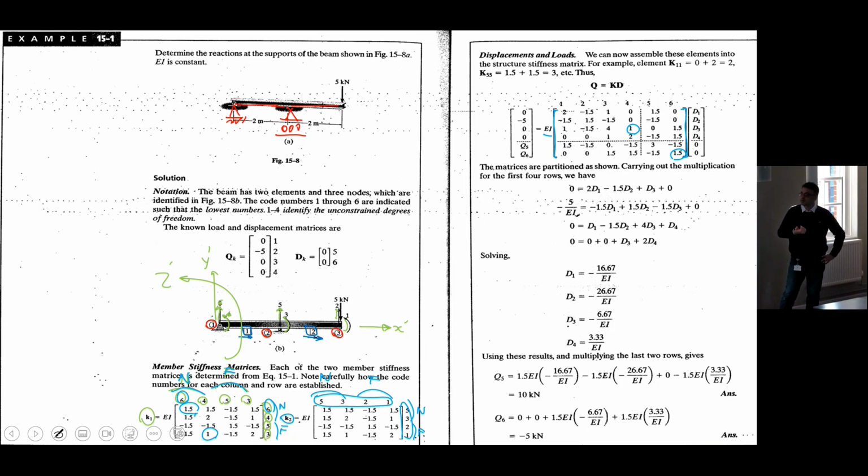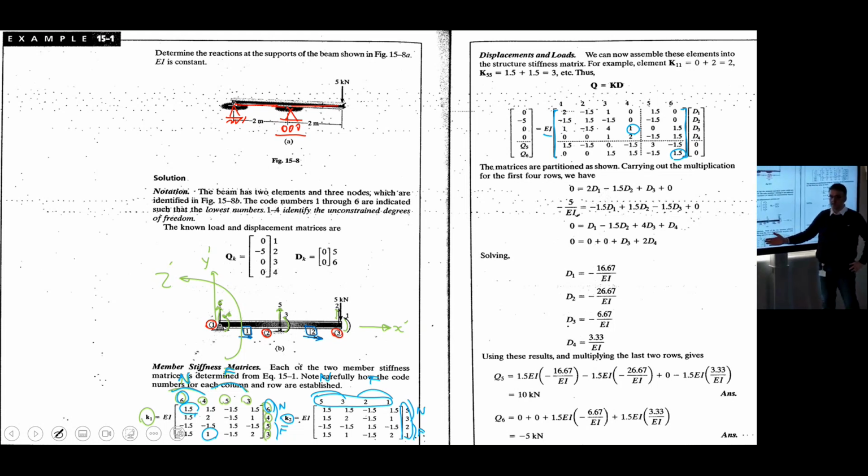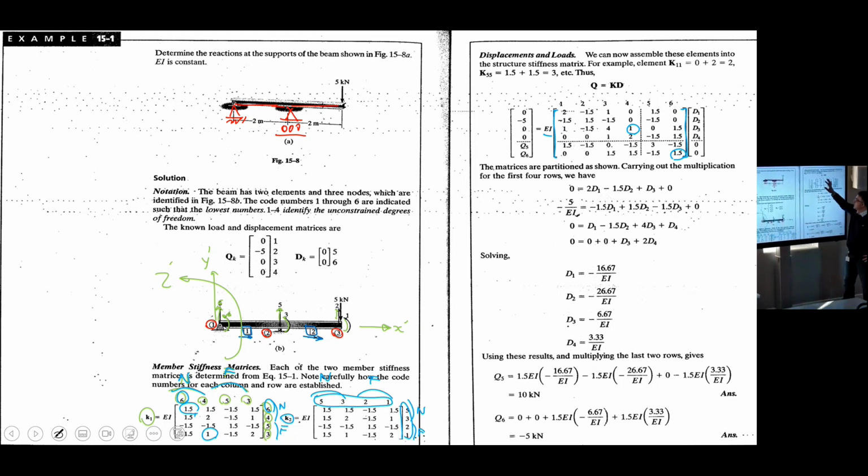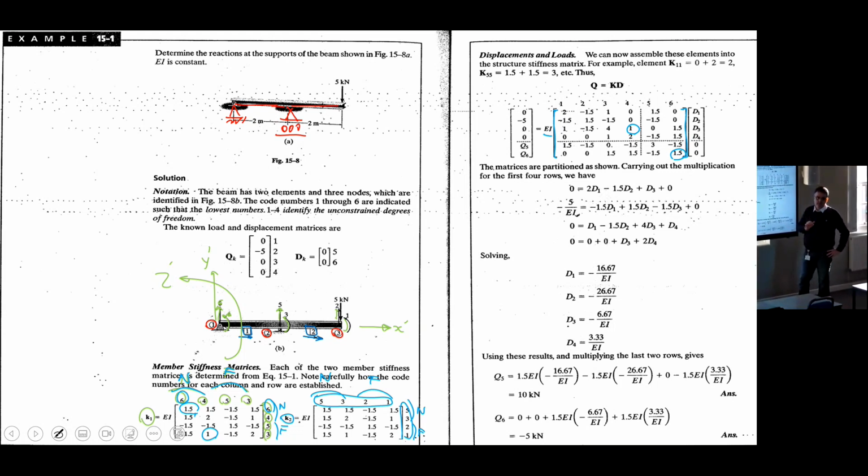How many times should you do it? You have 4 by 4 numbers here, means 16. Another 16 here. 32. 32 times, you should go through all the numbers and put them in the right places.